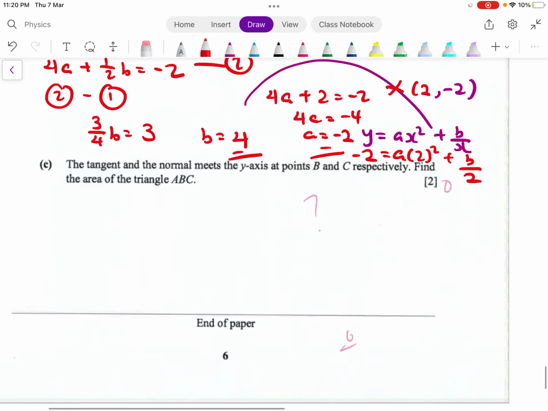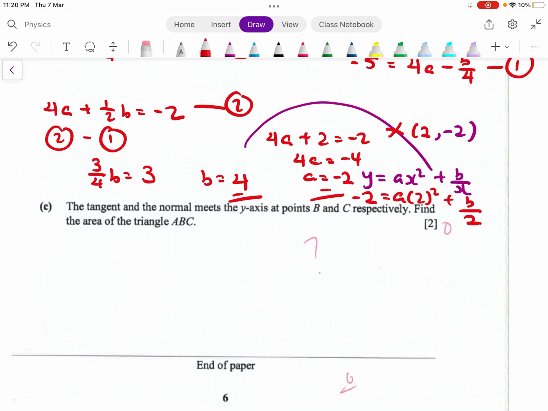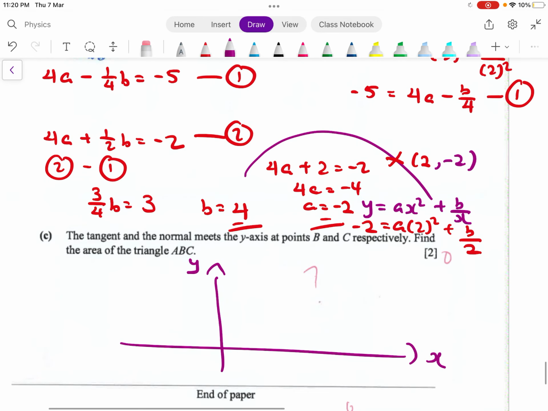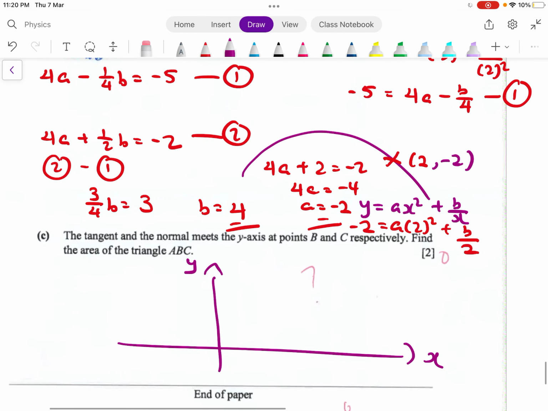Okay, so for part C, the tangent and the normal meet the y-axis at points B and C respectively. So find the area of triangle ABC. First thing, draw the line. Draw the y and x axes. For the tangent, the equation of the tangent is very simple.